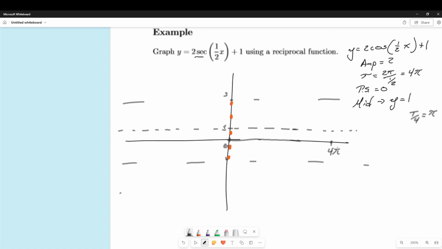So 4 pi. So our quarter points are going to be 0, 1 pi, 2 pi, 3 pi, and 4 pi. We're doing cosine, so we're starting at our maximum, then going through our midpoint, then our minimum, then our midpoint, then our maximum.